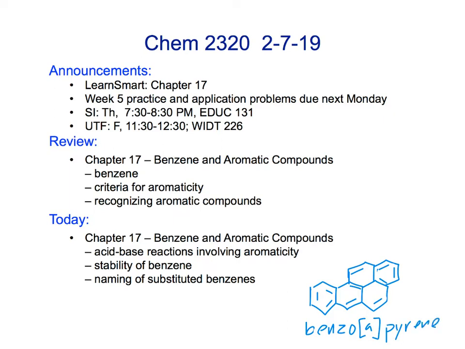It's produced in tobacco, cigarette smoke. And it looks aromatic. It just has a bunch of benzene-like rings. But when we actually add up the number of electrons, it comes up to 20 pi electrons, and that should be anti-aromatic if we follow Huckel's rule.